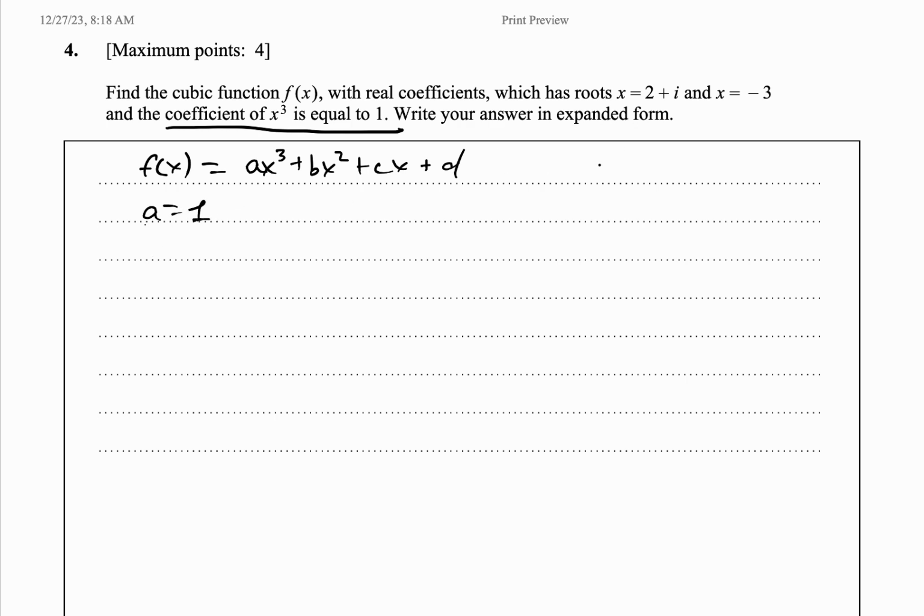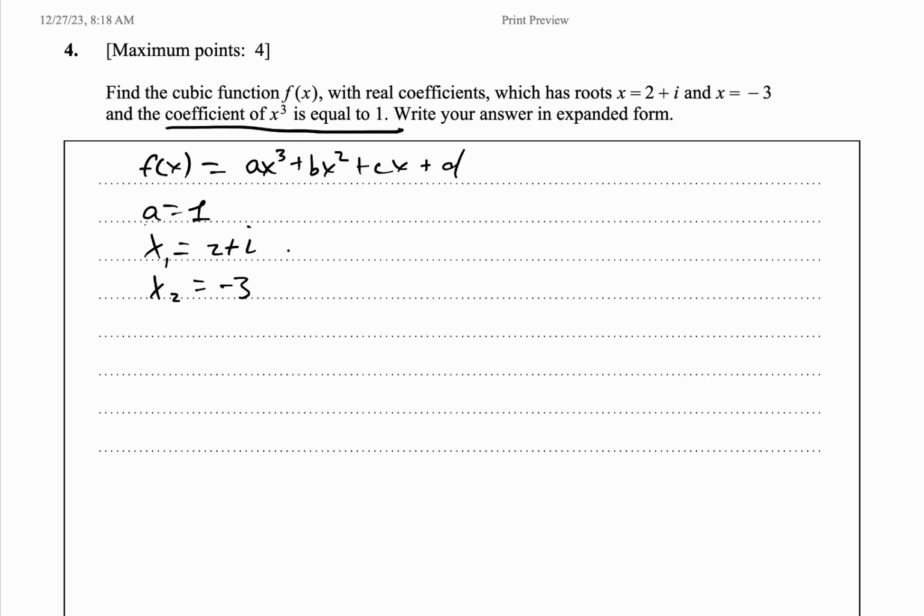And we're given the roots, which is x1 is equal to 2 plus i, and x2 is equal to negative 3. But we also need the third root to completely write it in the factor form and then expand it. However, we don't know it.